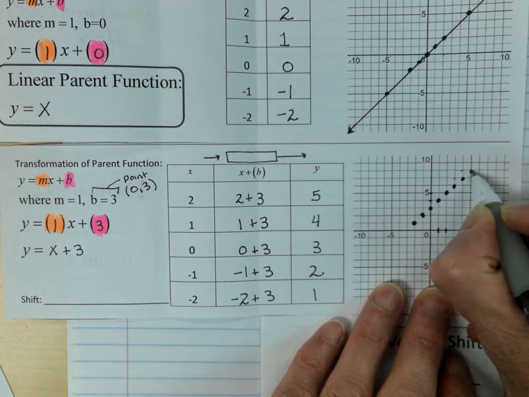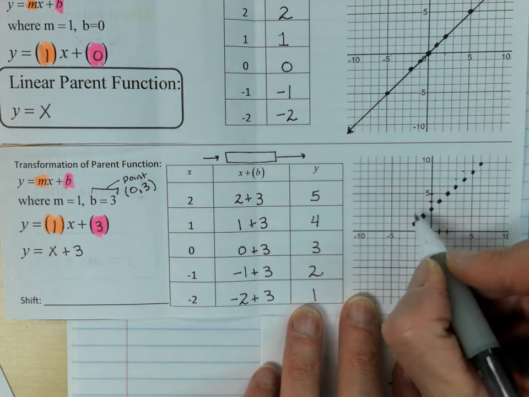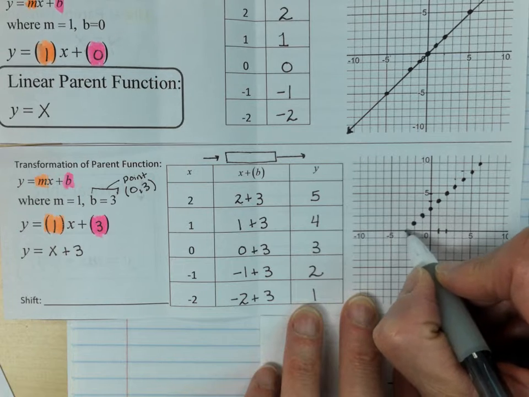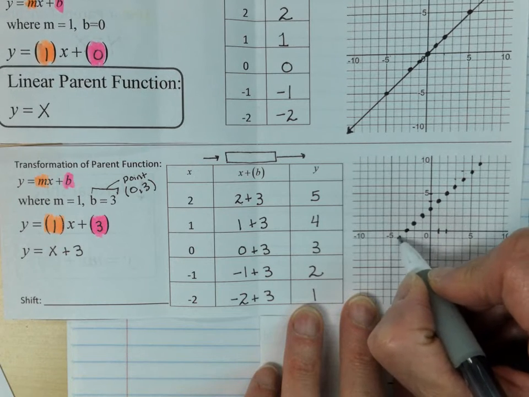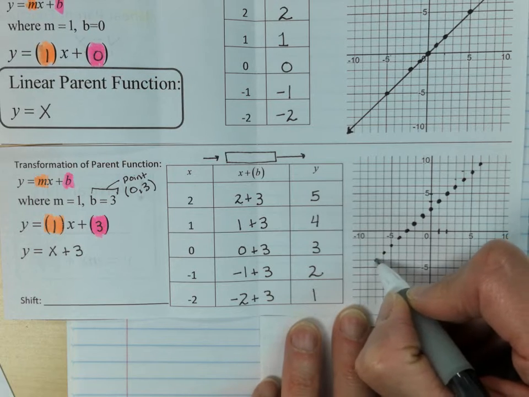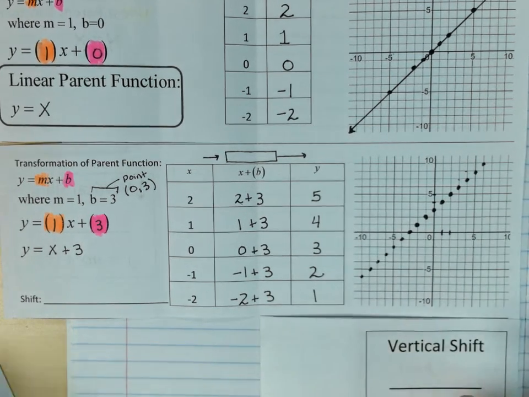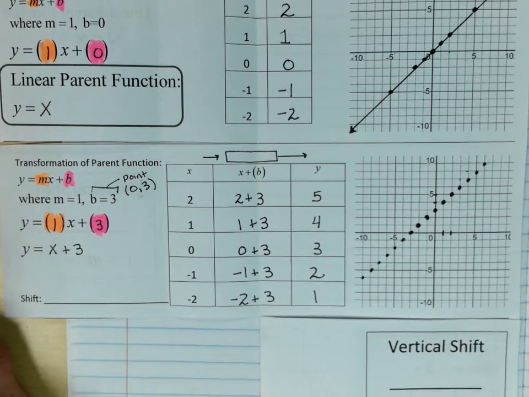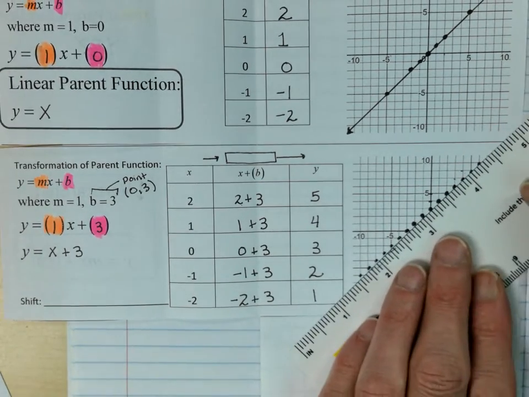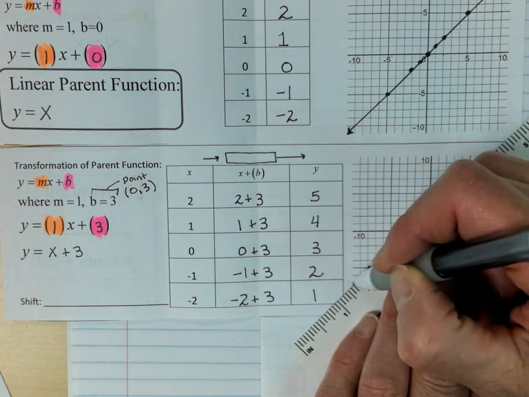I just continue that pattern, and I can do it the other way: down 1, left 1, down 1, left 1, and continue that pattern to get a nice set of points so that my line is pretty accurate. So now I'm just going to take my straight edge and draw my line through.